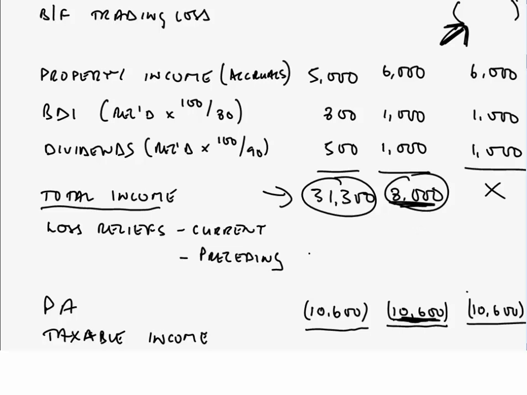And instead we came in with a preceding year claim that then had to be, as the loss was £40,000 if you recall, in full against the entire total income. Now that would have given you immediate relief and a repayment of last year's tax. Last year we would only have been a basic rate taxpayer, of course, and the tax saving would have been at 10% in relation to property income and bank deposit interest.